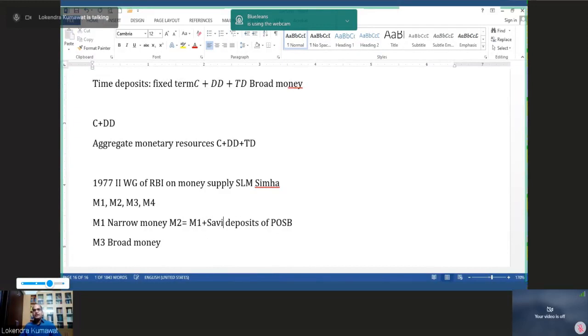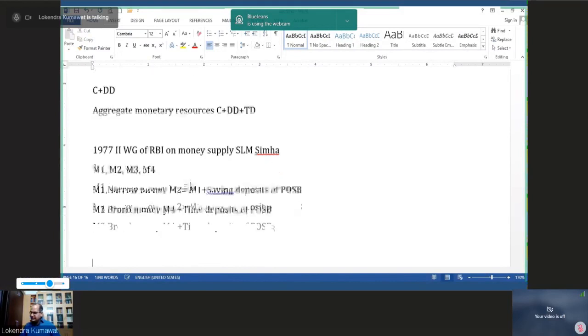This was done because in the 1960s, the penetration of banks in the rural areas of the country was not that large, and as a result, banking services in rural areas in particular were provided by the post office. So M2 included this, and M4 included M3 plus the time deposits of the Post Office Savings Bank. So from 1977 onwards, we had four aggregates: M1, M2, M3, M4. Of course, as I said, I'm omitting the other deposits, but that needs to be kept in mind, since it strictly includes other deposits as well.